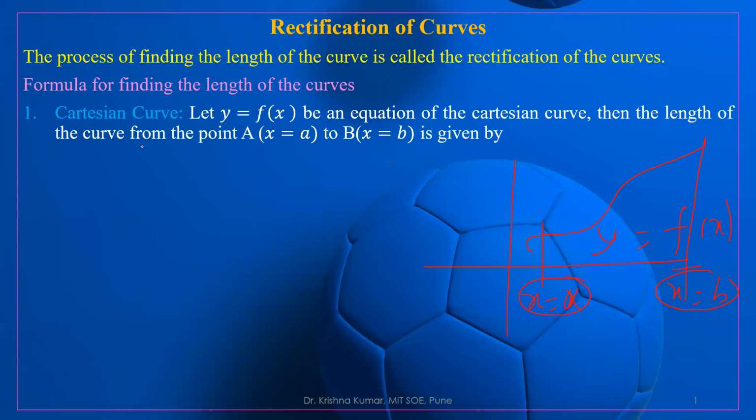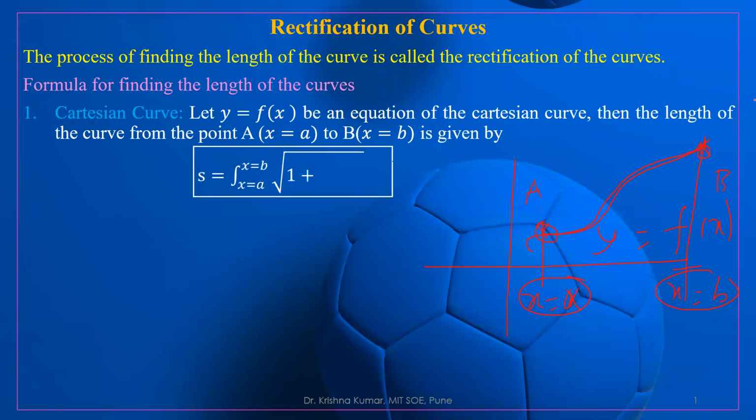Then the length of the curve from the point, suppose this is point A and this is point B, from point A to B, if you want to find the length of this curve, is given by S is equal to, the length of the given curve, integration under the limit x is equal to a to x is equal to b of root over 1 plus (dy/dx) whole square dx.